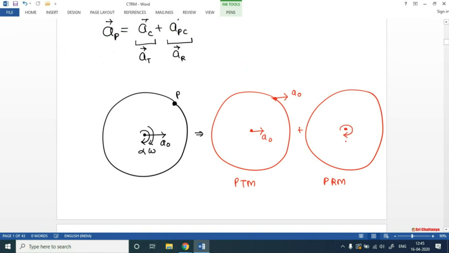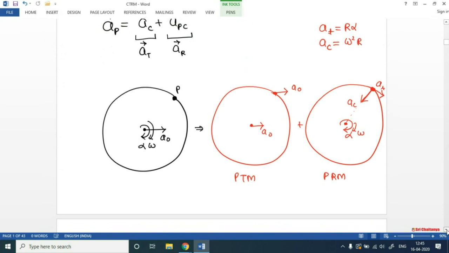So this is rotating with angular acceleration alpha and angular velocity omega, and so this point P will be undergoing purely circular motion. So it will have two components of acceleration. This would be, let's say, AT, and this would be nothing but AC. And obviously, the value of AT, we already know, will be equal to R alpha, and the value of AC would be nothing but omega square R.